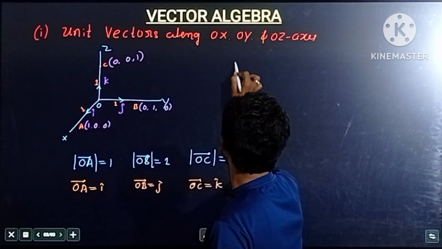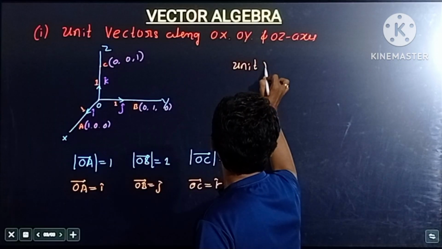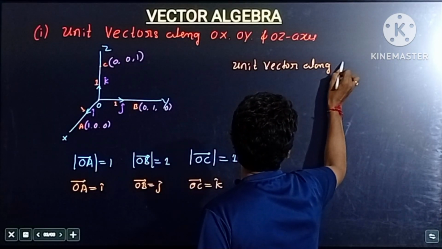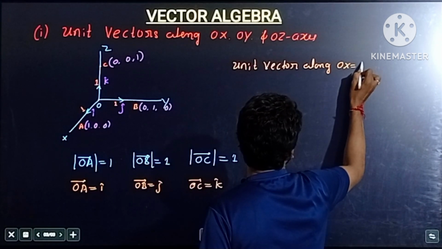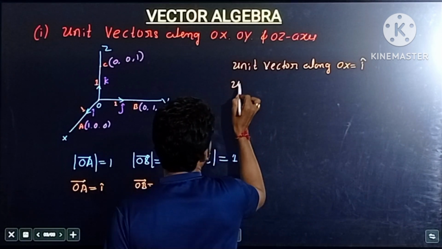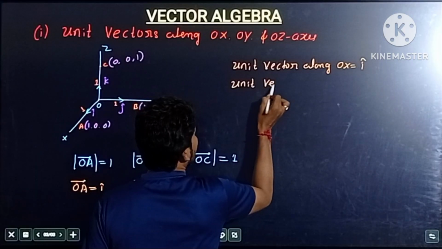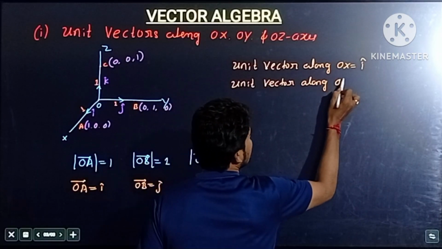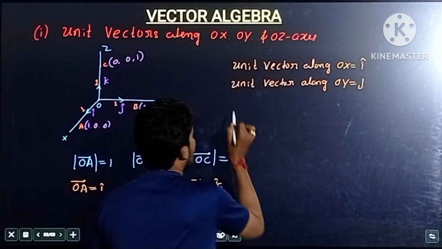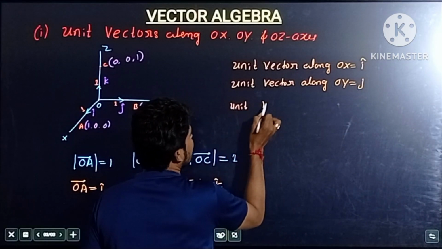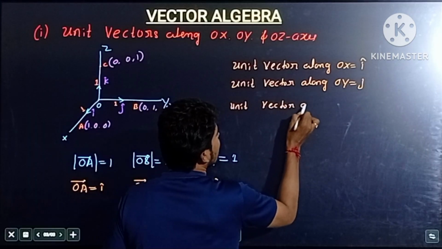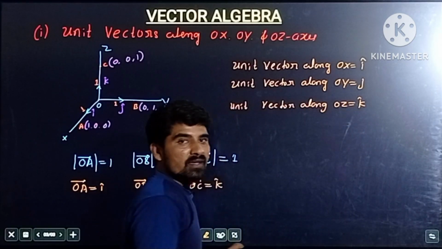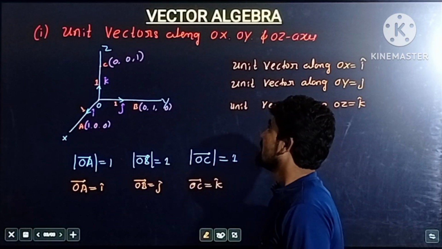So unit vector along OX axis is equal to i cap, unit vector along OY axis is equal to j cap, and similarly unit vector along OZ axis is equal to k cap. I hope all of you understood this concept.